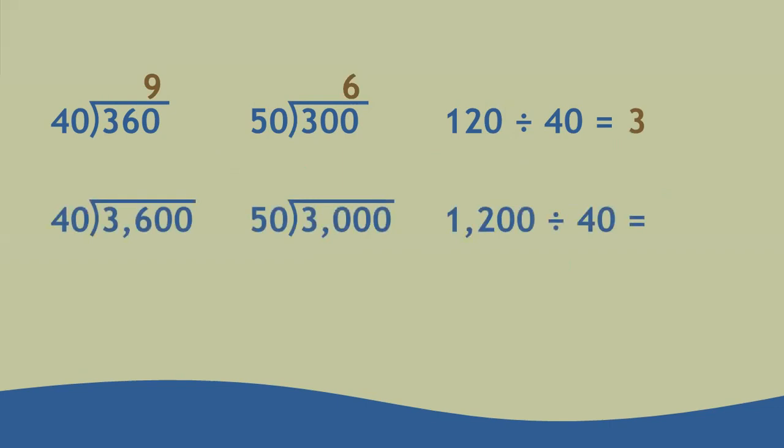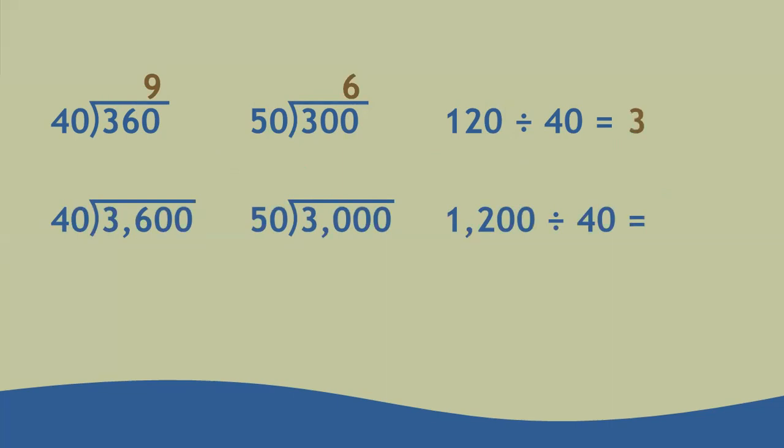Now here are some more problems to work out. See if you can work them out yourself. We have 40 divided into 3,600. Now what we saw up above is that 40 goes into 360 9 times.